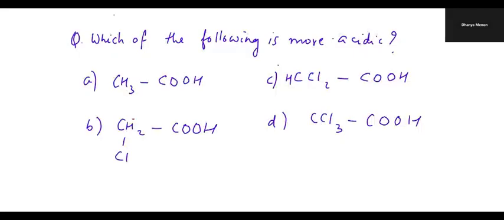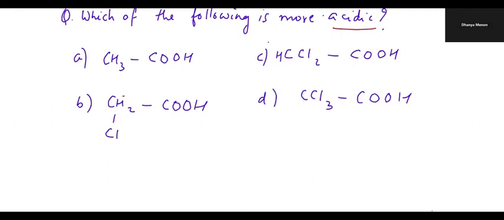Into the next question, which of the following is more acidic? There are four options here. In the first option, you can see there is no minus I group. In the second one, there is one minus I group. In the third one, there are two minus I groups. And in the last one, there are three minus I groups.